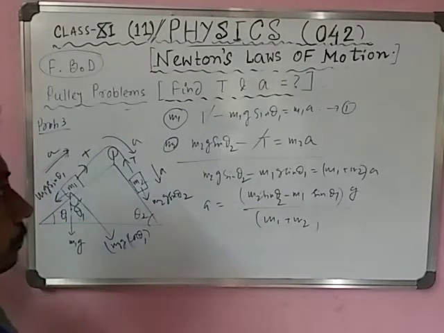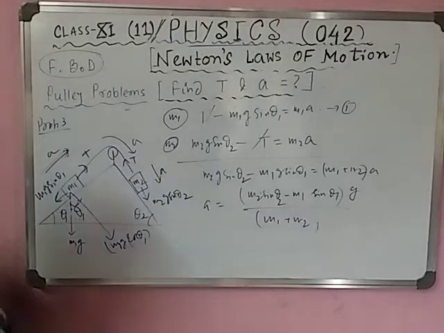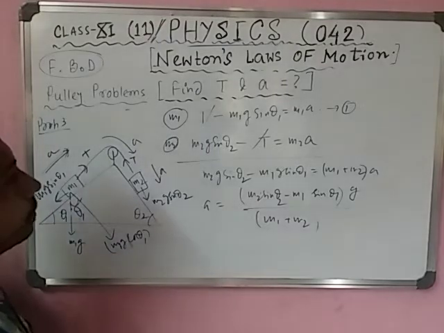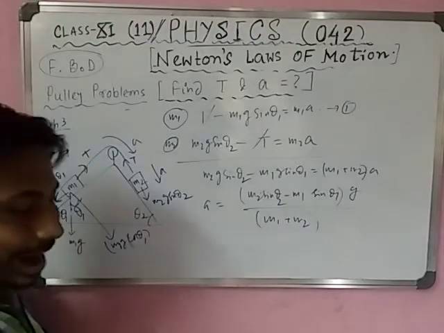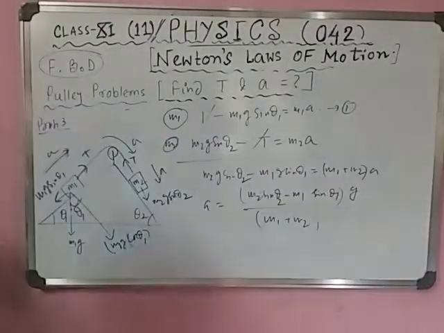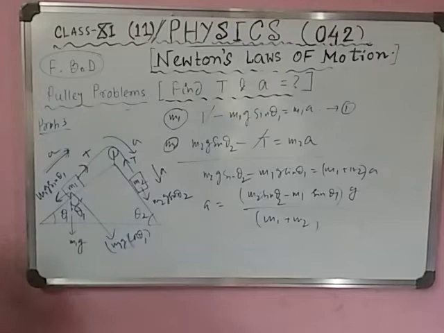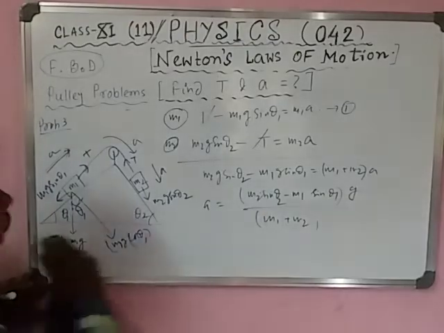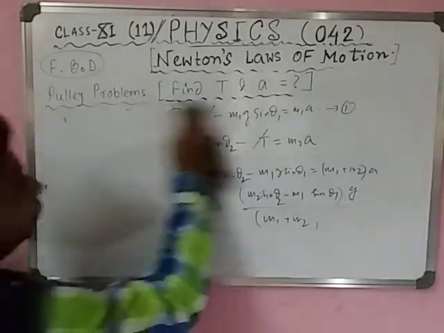That's all. This is all about pulley problems like inclined plane and tabletop. And then your next problem: suppose 3 masses lie on a floor. Please stop the video and write it down. Problem number 4.